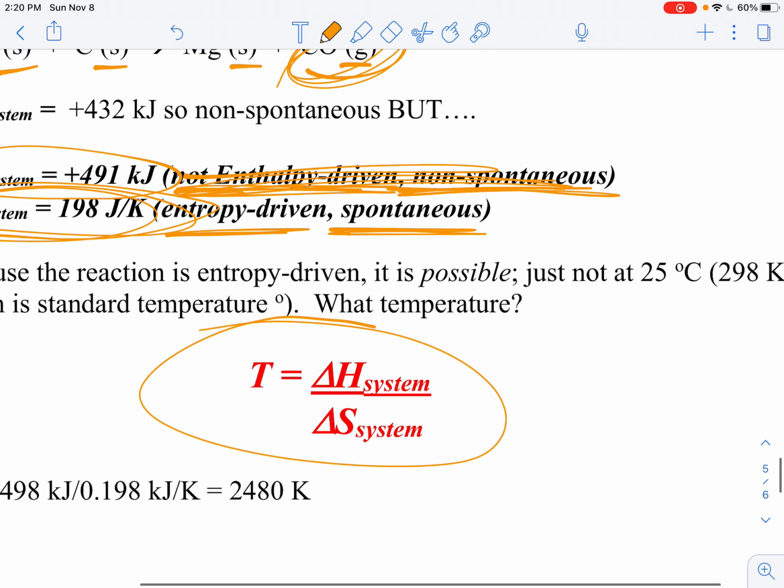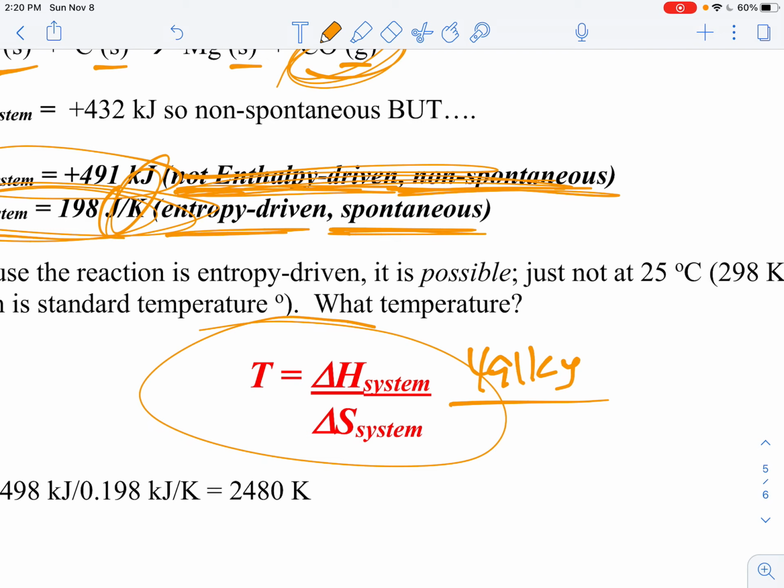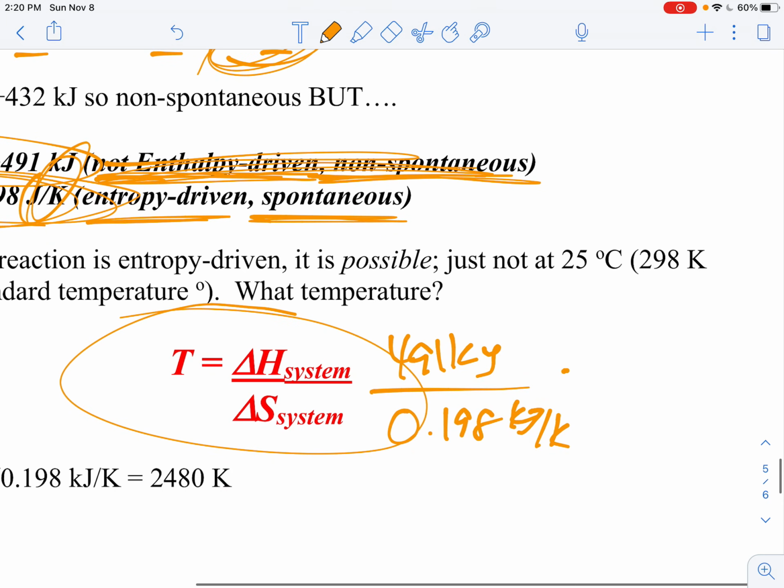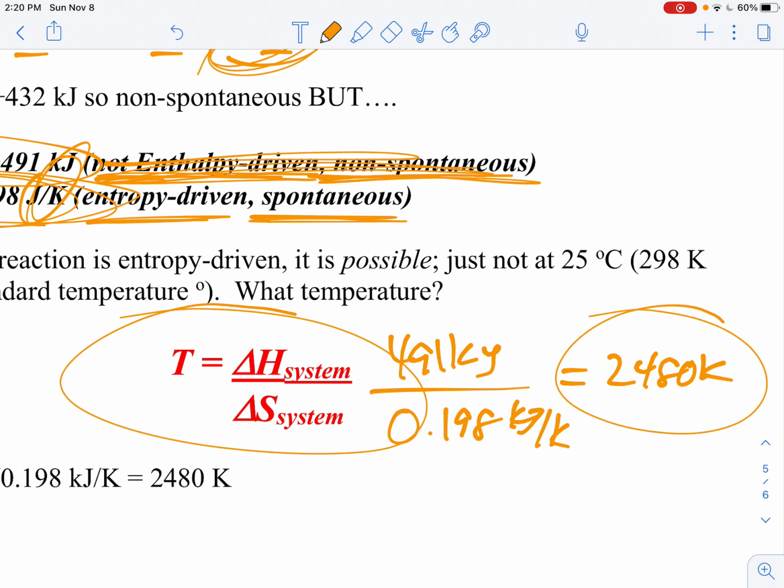Well, I plug it into my temperature equation. The temperature is going to be equal to the delta H divided by the delta S. My delta H was 491 kilojoules. For my delta S, again, the joule-kilojoule situation, I'm going to divide this by 0.198 kilojoules per Kelvin, and I get an answer of 2,480 Kelvin.